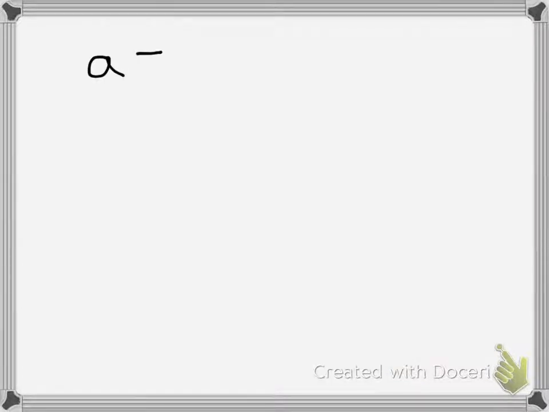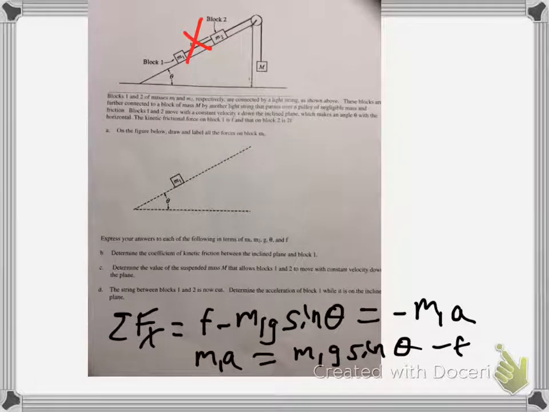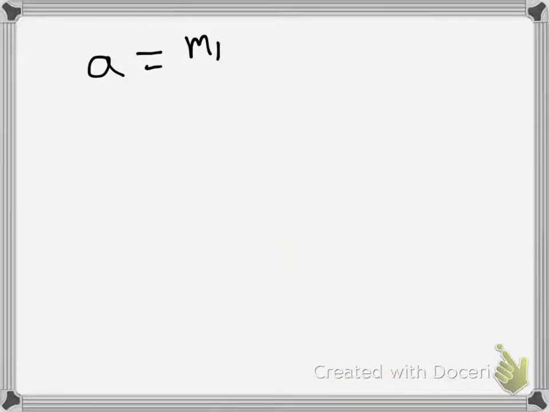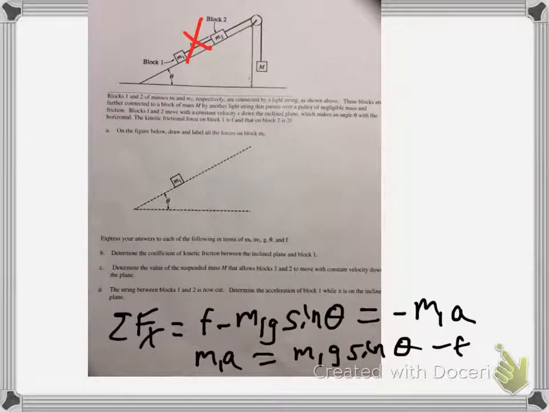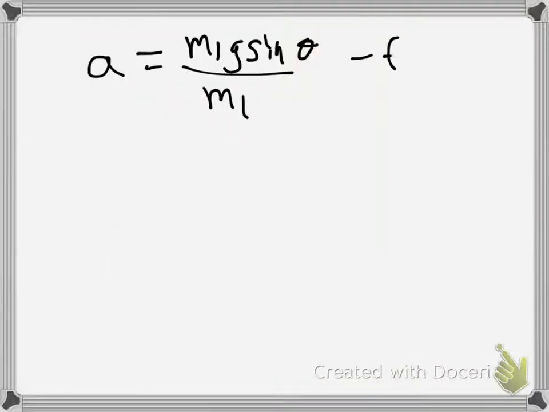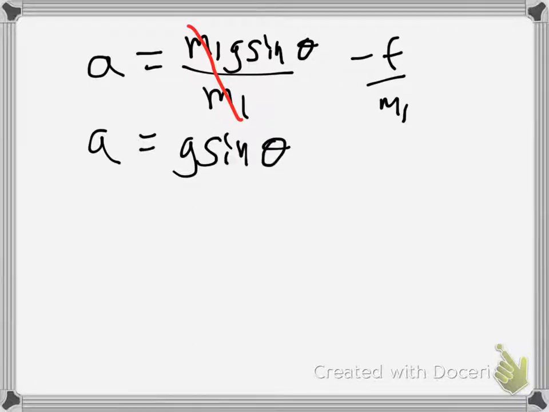So when I divide by M1, I get A is equal to M1 G sine theta over M1 minus F over M1. So A is equal to G sine theta minus F over M1. And this part should look really familiar.